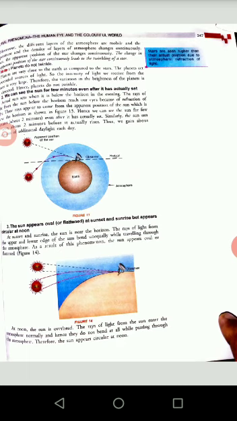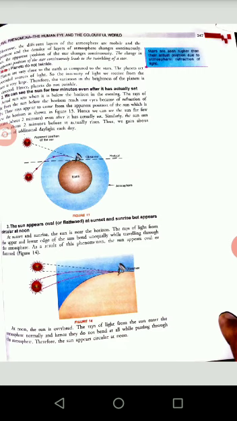Or we can say the intensity of scattered light is inversely proportional to the fourth power of the wavelength of incident light, if the size of the particle scattering the light is less than the wavelength of the incident light.